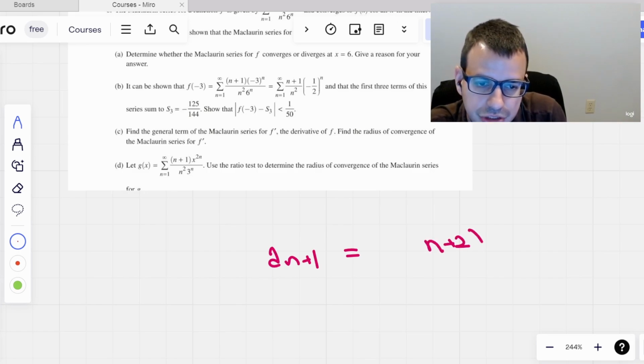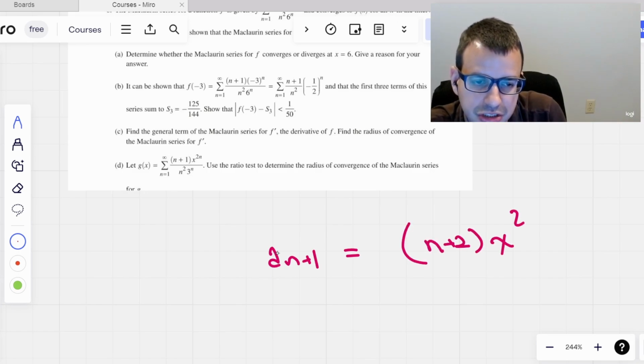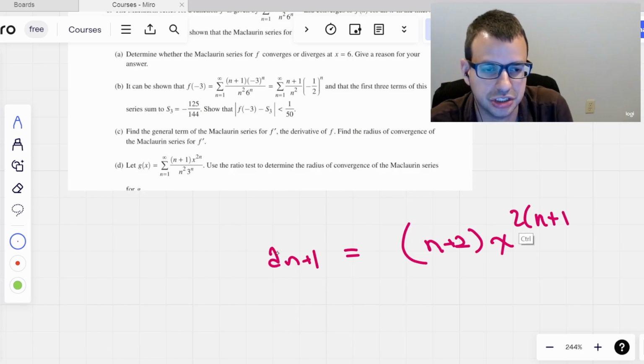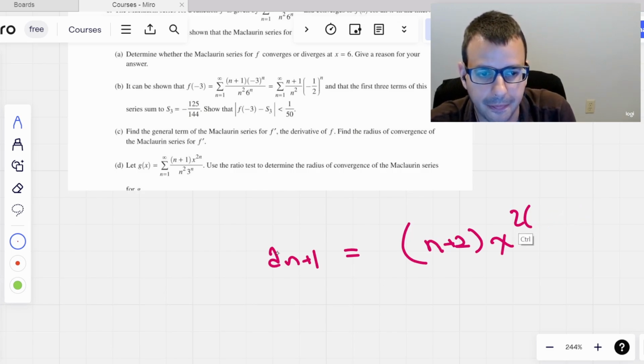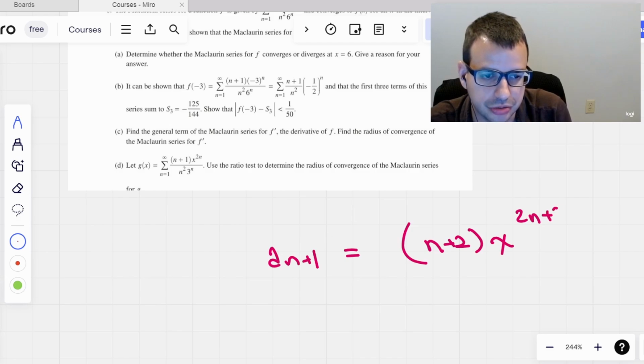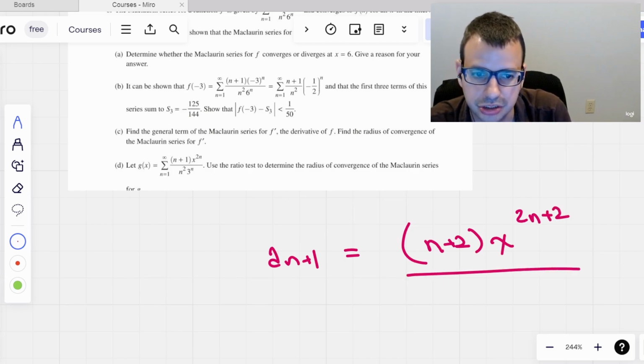So we do (n plus 2) x to the 2(n plus 1). So I'm going to do this as just 2n plus 2. I know I'm taking shortcuts. Probably should not. (n plus 1) squared. I know I'm taking more shortcuts. n squared plus 2n plus 1.